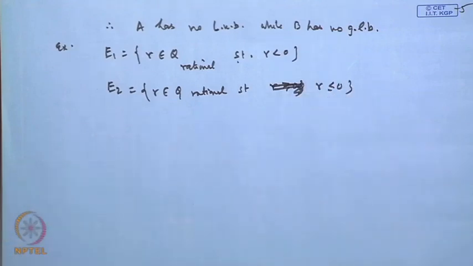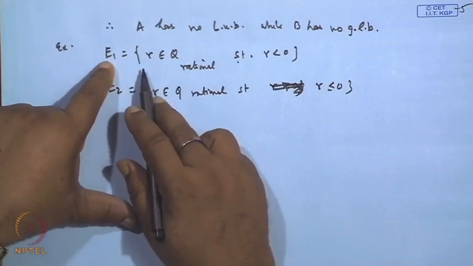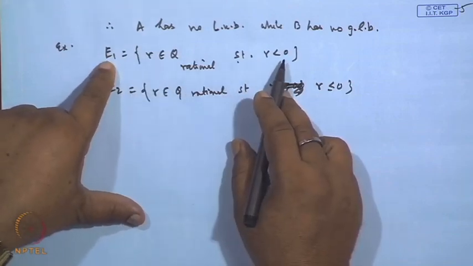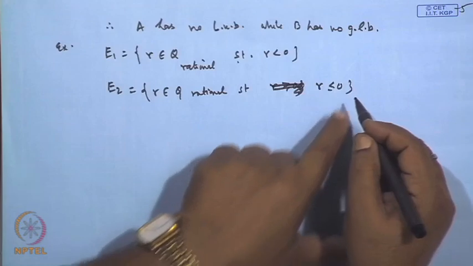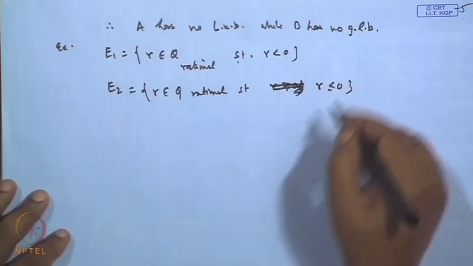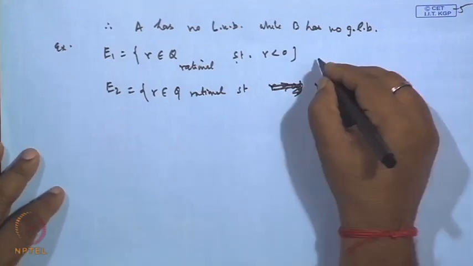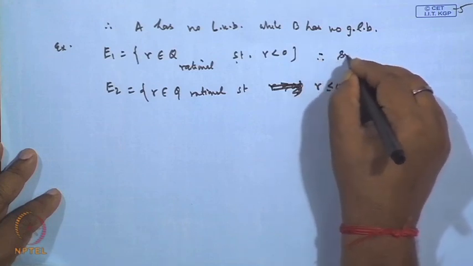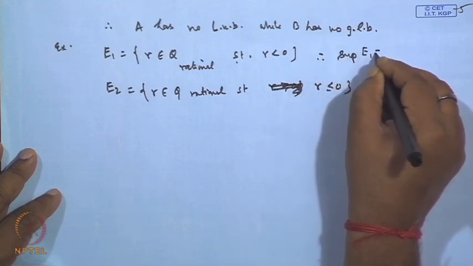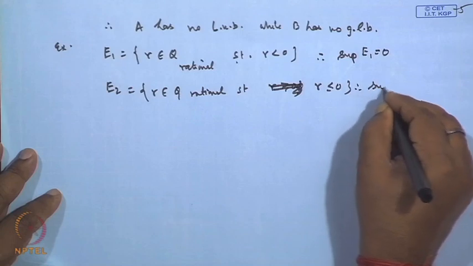Obviously, the set of rational numbers less than 0 has an upper bound 0, and E2 also has upper bound 0.